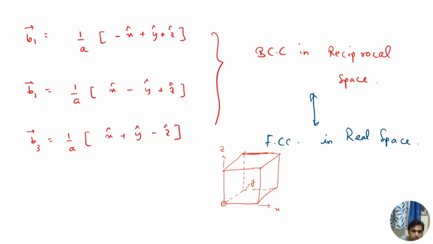Now you multiply this with 2 and divide everything by 2, 2, 2.